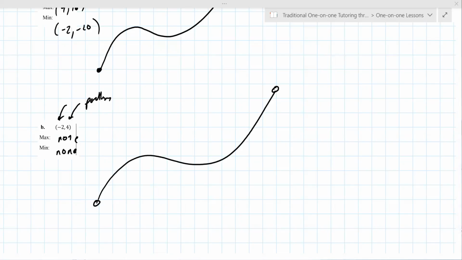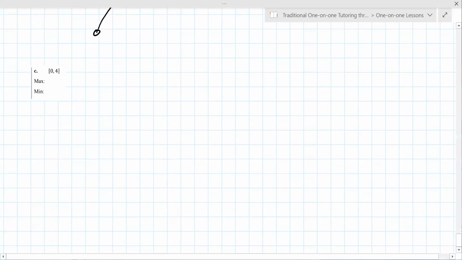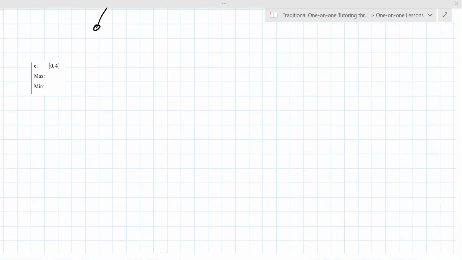So part C is where we've got issues with changing the intervals. You cannot use the same graph that you've been using. So I'm going to snip in a new graph where I only go from 0 to 4.